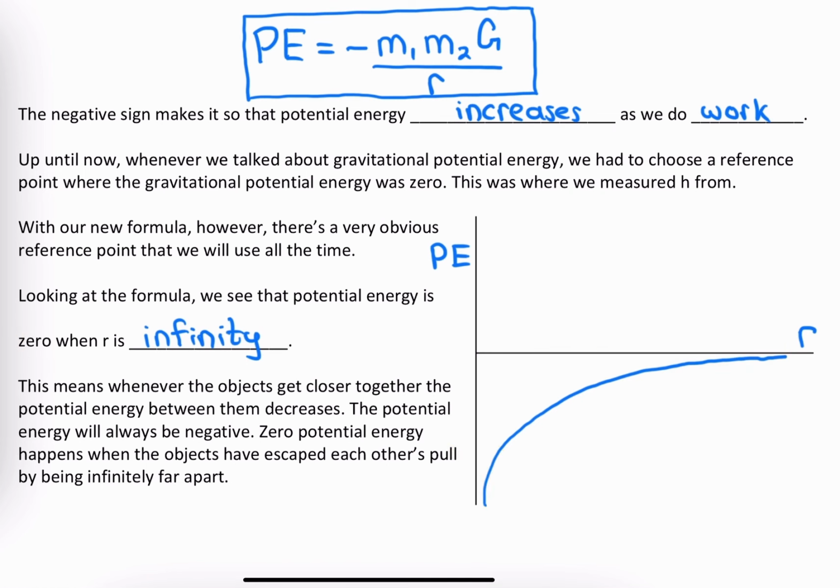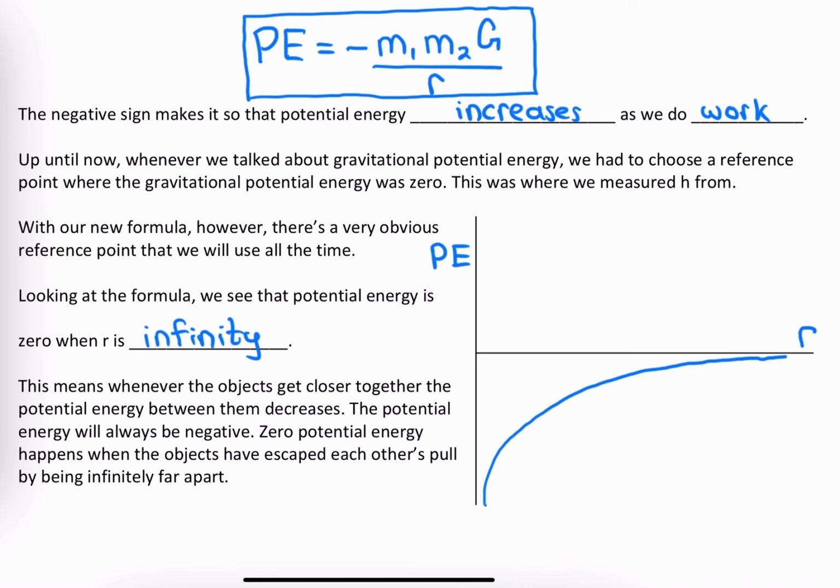You can see my graph is getting closer and closer and closer to zero. My potential energy is getting closer and closer to zero. And although it'll never actually get there with any achievable value of R, if I could take R and make it all the way out to infinity, that's where this line would hit the x-axis. And that's where my potential energy would be zero.